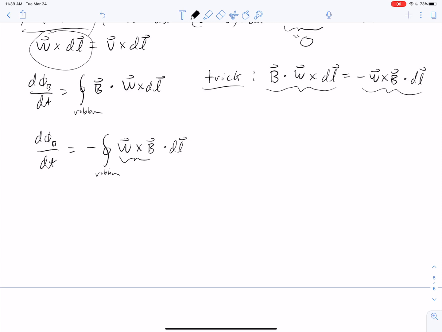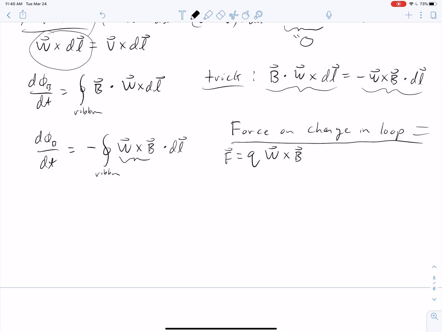Well, we have to realize that the force on a charge carrier in the loop is equal to Q times the total velocity of that charge cross B. That is the force on the charge in a loop.